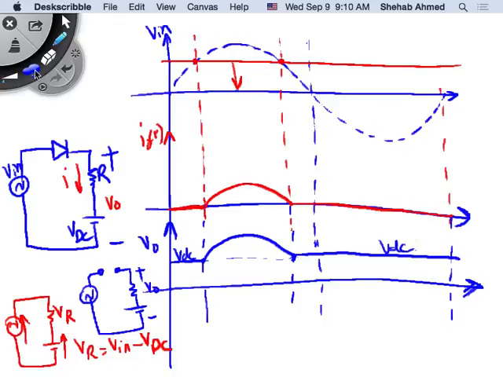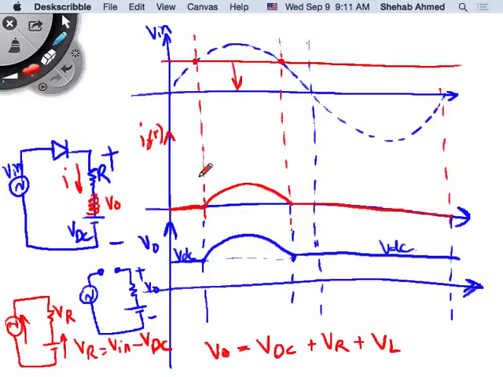That makes it a lot easier now. So now I won't erase these waveforms. I will just add a nice little inductor here. So now my V output is equal to VDC plus VR plus VL.